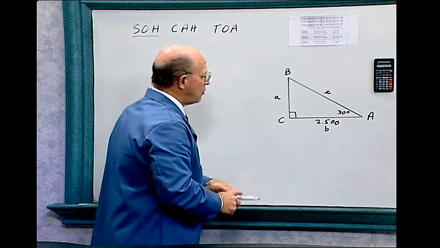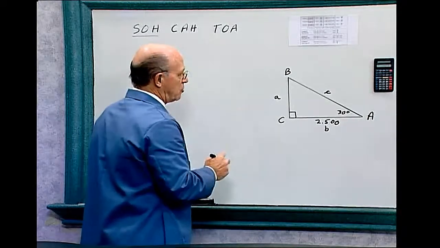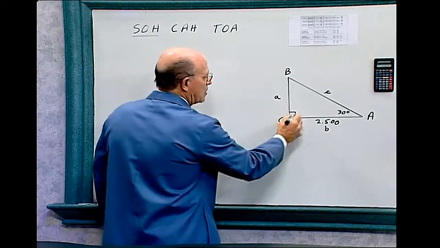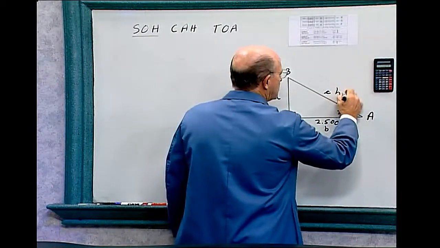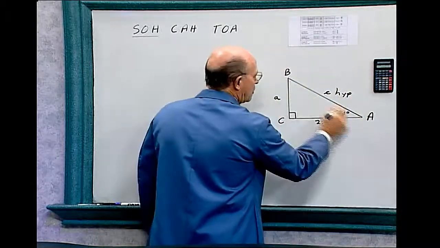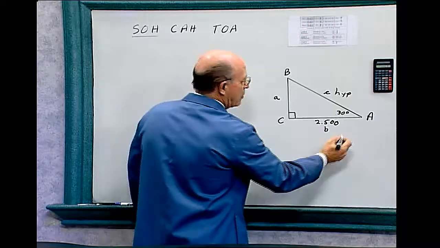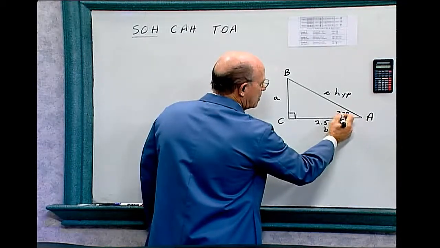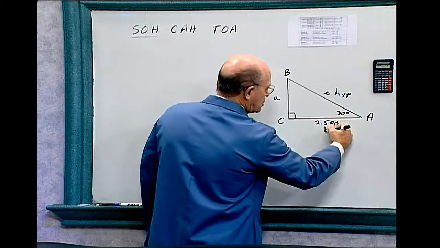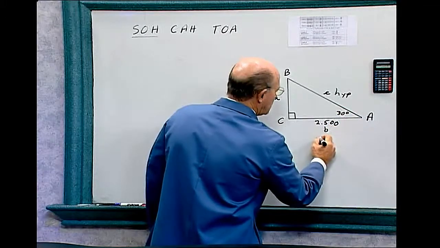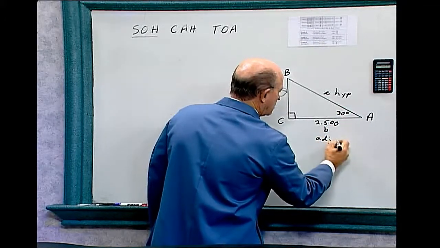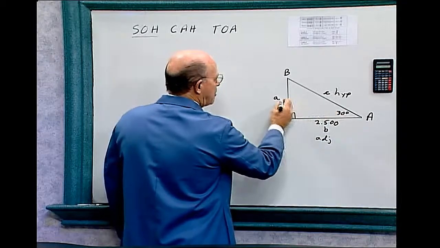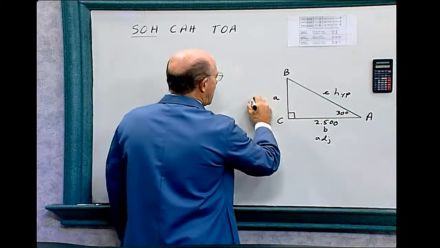First of all, let's label this triangle. It's a right triangle. This is the hypotenuse. It's the longest side of the triangle. Now the known angle is A, and this side is adjacent to the angle. So this is ADJ, the adjacent, and that's opposite of the angle. So this is opposite.